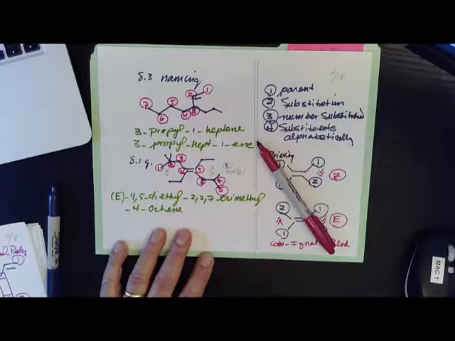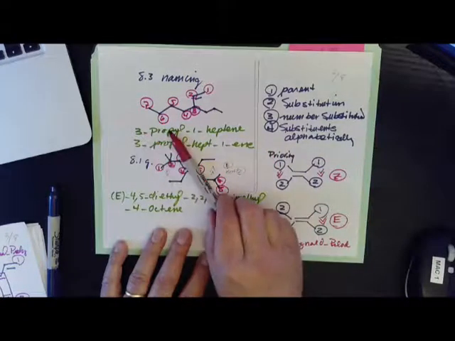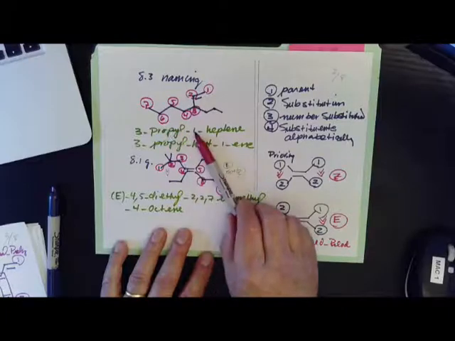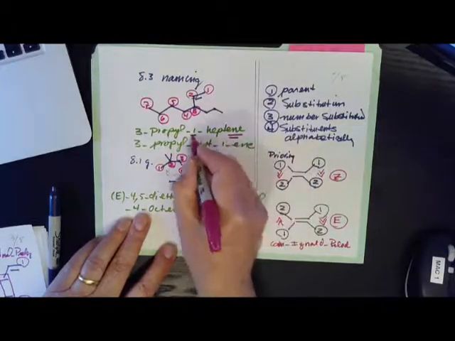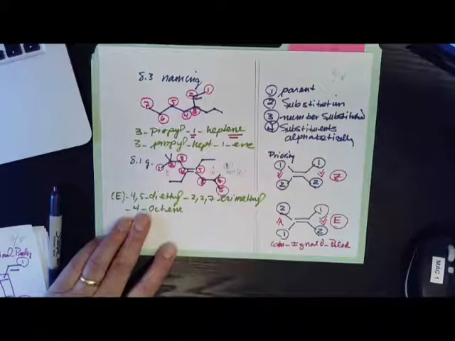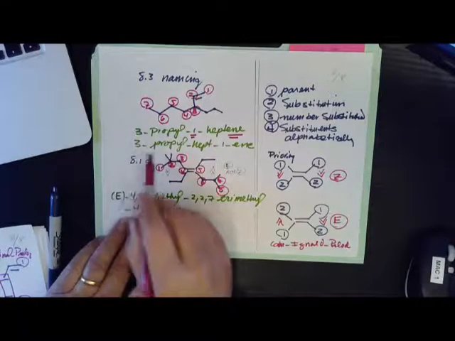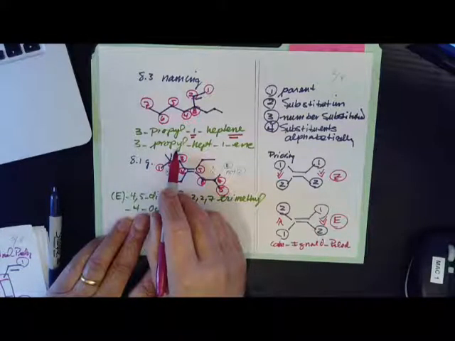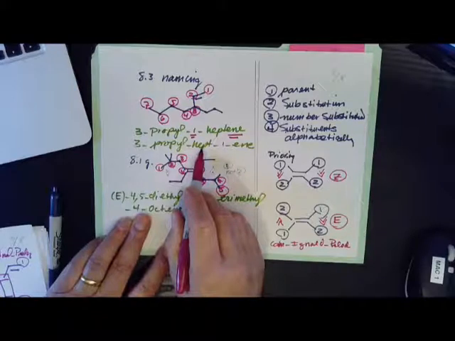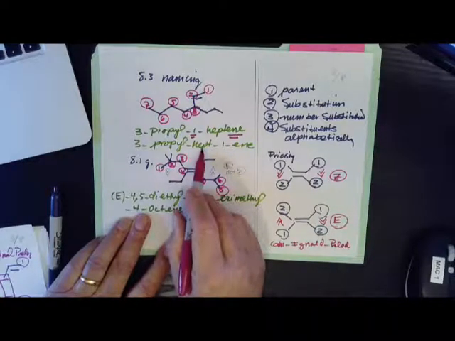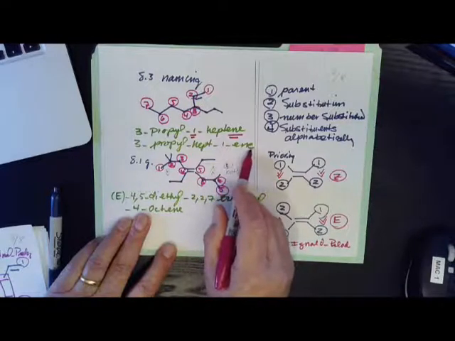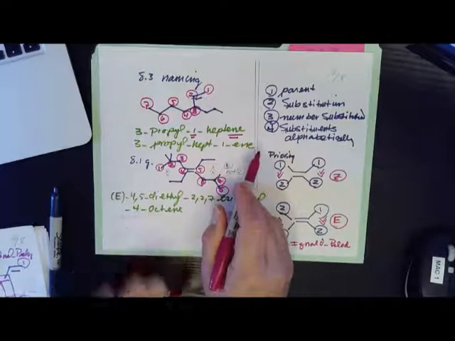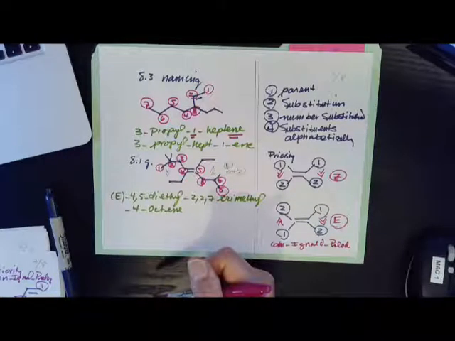So this becomes 3-propyl-1-heptene, because the position of the double bond, which is the ene, is number 1. Hept means we have 7 carbons. Again, we identify where the double bond is, 1, then we put the ene in there. So that means the double bond is on carbon number 1.